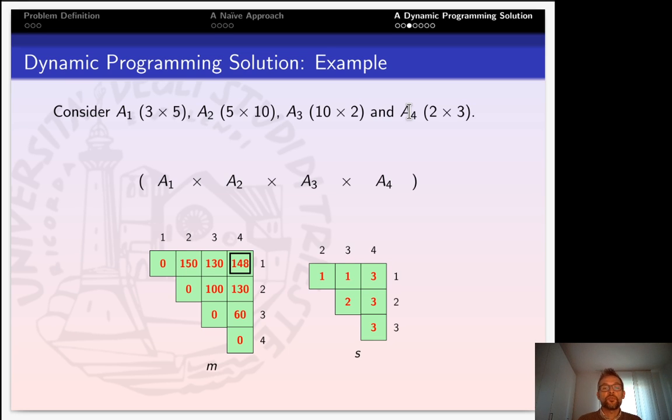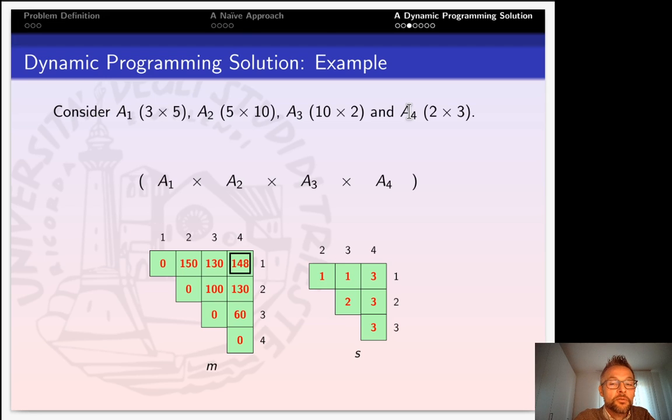Some of you are asking, here we have two cells, so two different parenthesizations, containing 130. So it is arbitrary to decide which one is the best one. I mean, there isn't a best one.